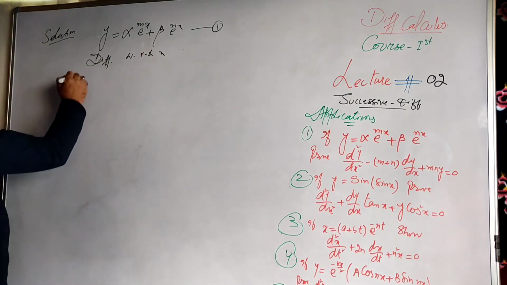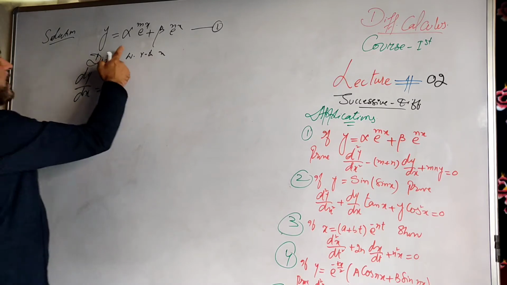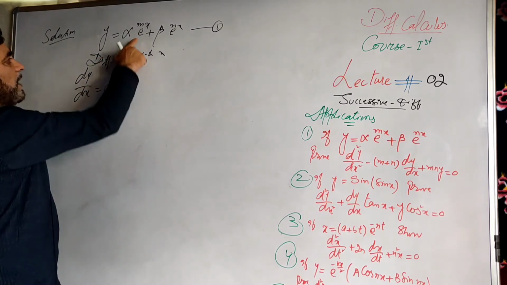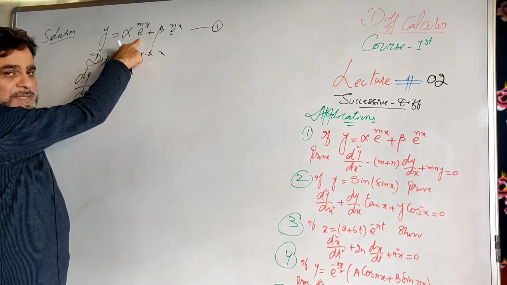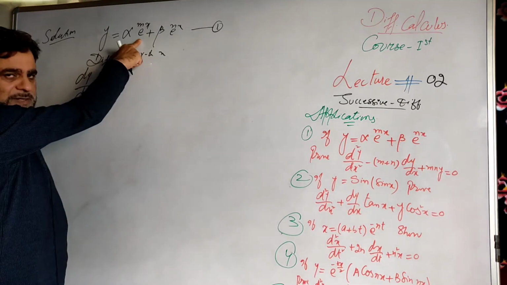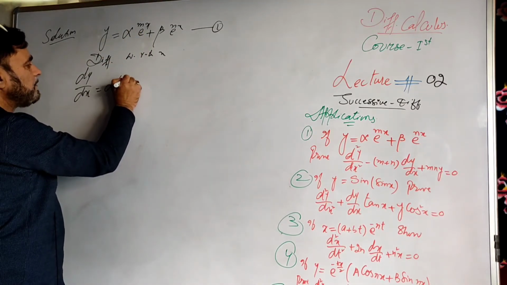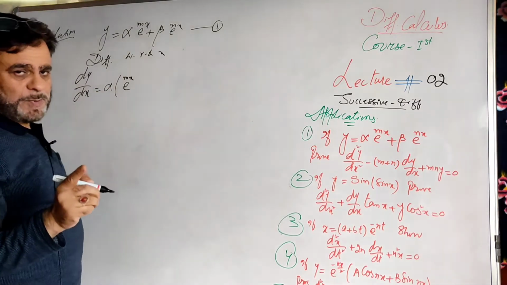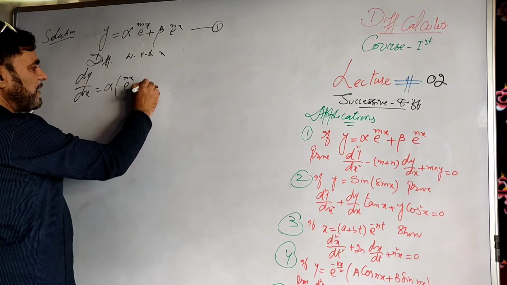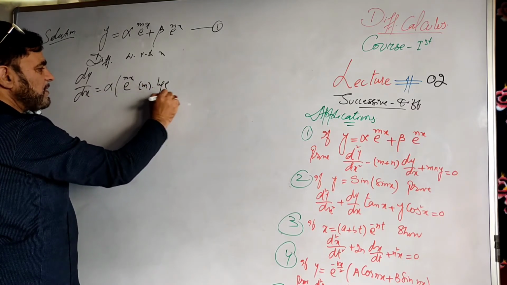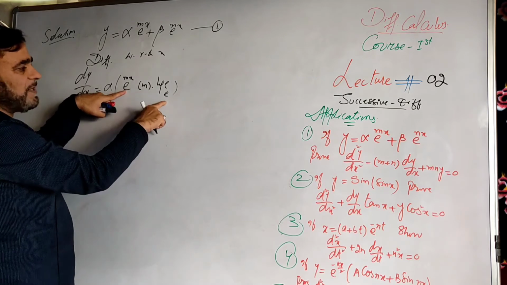Okay, this is dy by dx. It is equal to alpha, which is constant here, times the exponential function. What is the derivative of the exponential function? This is the first beginning. Exponential function as it is, times the differentiation of the power with respect to x, which is m, then log of e to the base e, because here the base is e.